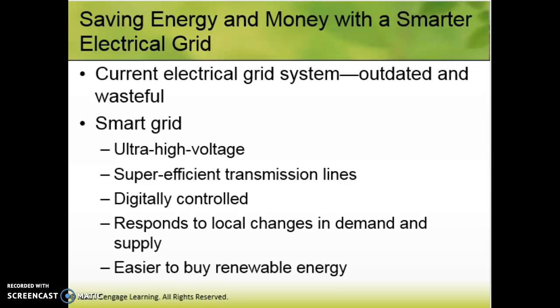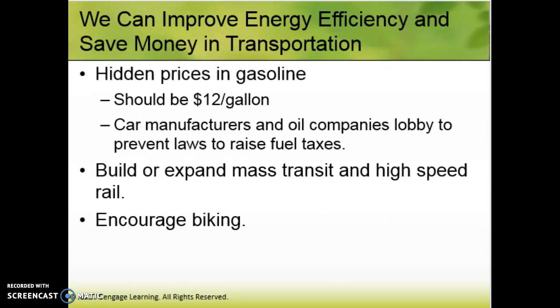They have to find some other way to scare off would-be thieves and things like that. And then it's easier to buy renewable energy because a smart grid is set up that way. It's set up so that renewable energy can feed into it really, really efficiently.